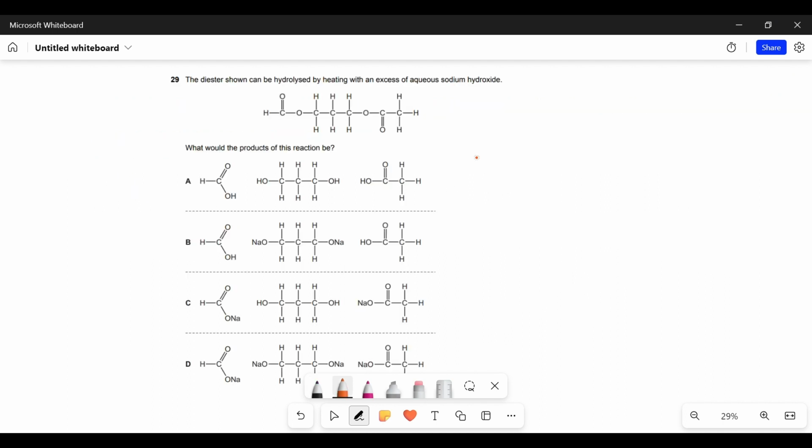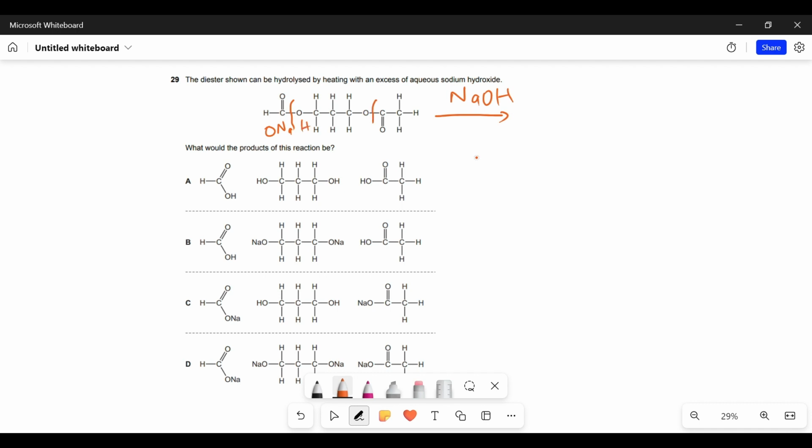Question number 29. The diester shown can be hydrolyzed by heating with excess aqueous sodium hydroxide. What will be the products? As we know, when esters are hydrolyzed in the presence of sodium hydroxide, it gives sodium carboxylate and alcohol. So if I take excess NaOH, this bond will break and ONa will be added on this side and hydrogen on this side.